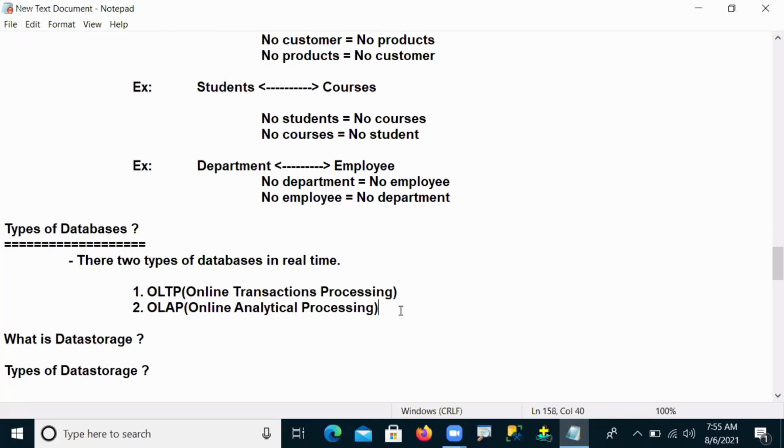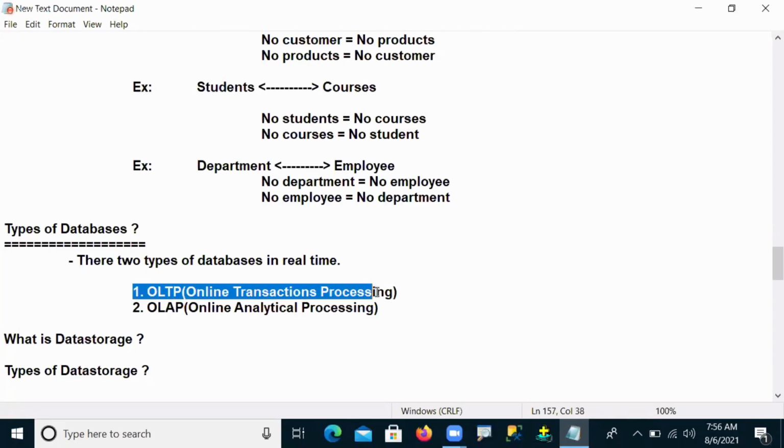Now, let me ask the questions. What is OLTP, where do I have to use OLTP, where do I have to use OLAP, and how do organizations maintain these two databases in their companies in real time? Let me see one by one. I will give some explanation about OLTP and OLAP.